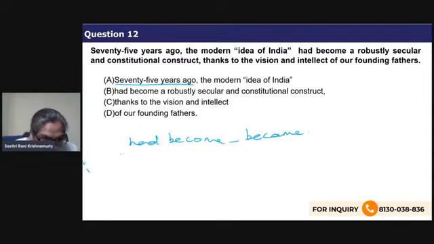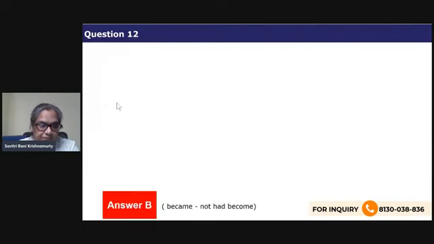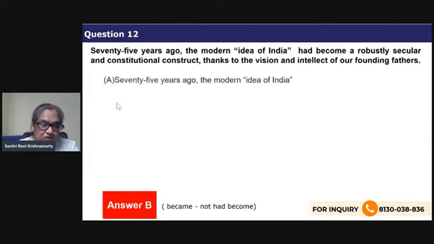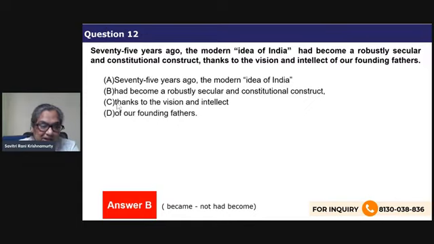If there are two actions and one action happened a little before the other, only then would you use the past perfect. Okay. So here I've also given the explanation so you can see it later. All right. It is became, not had become.